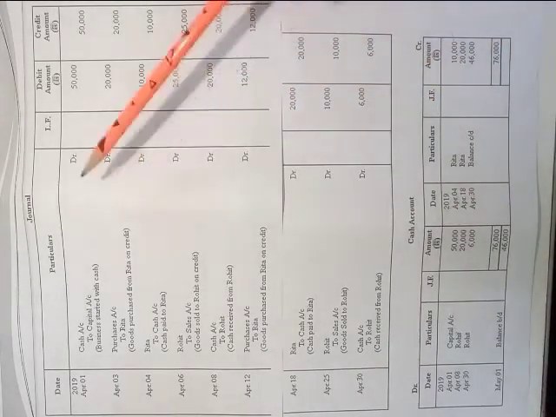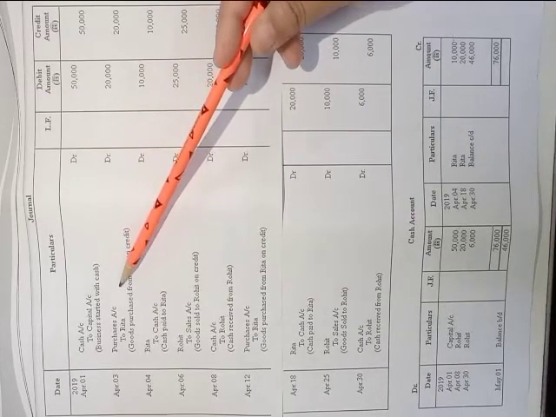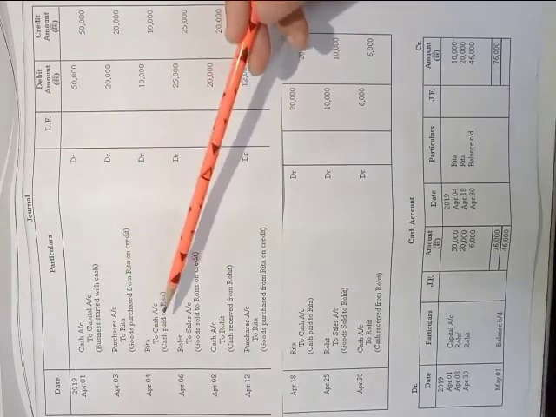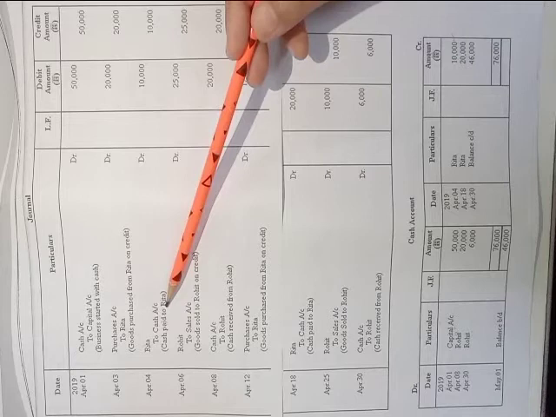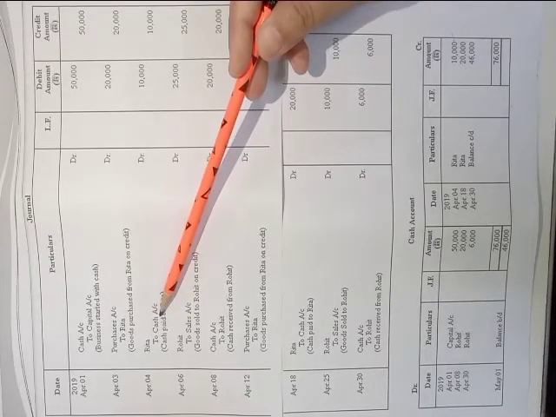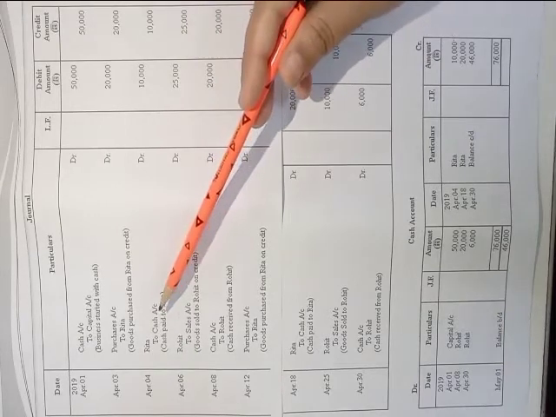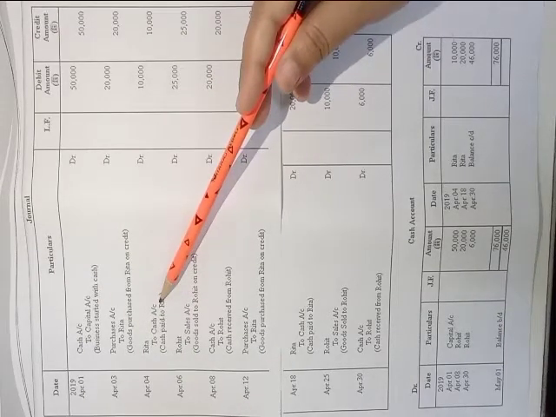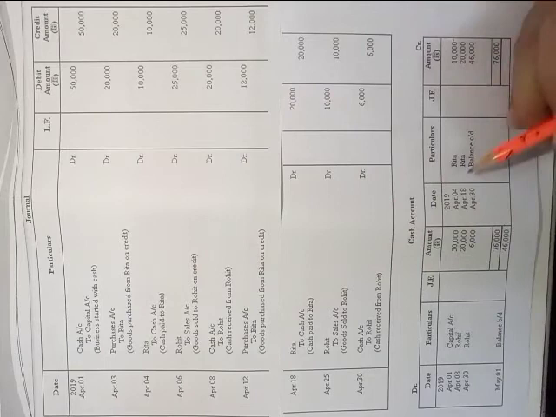Now the next transaction is not a cash transaction, so it will not be posted. Come to the third transaction, this is a cash transaction, and in it the cash has been credited. So this transaction will be posted on the credit side of the cash account.